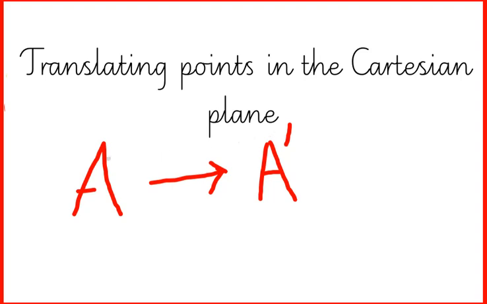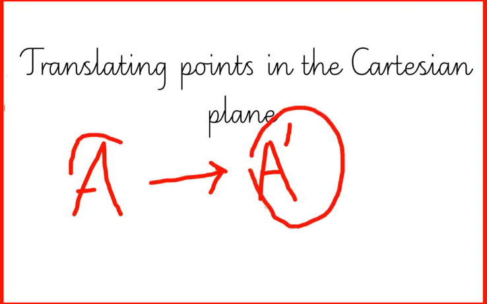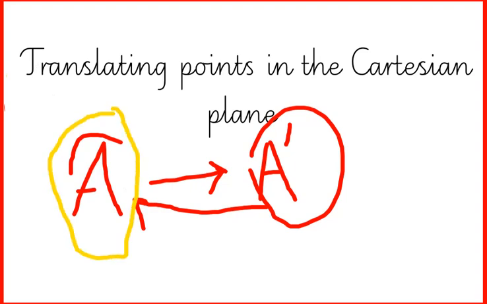That's how we indicate that this A with a line on top is the translation of that A, and the A in yellow is the original point.